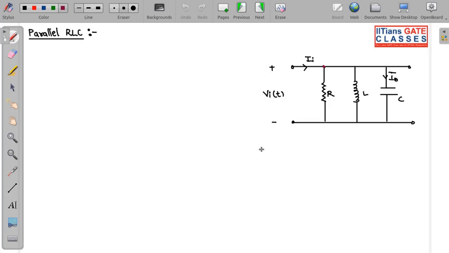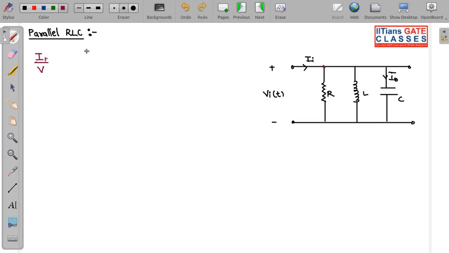If you want to calculate this second order response, either you calculate I naught by II, or you can apply node analysis over here and calculate I by V, II by Vi. This also you can do.